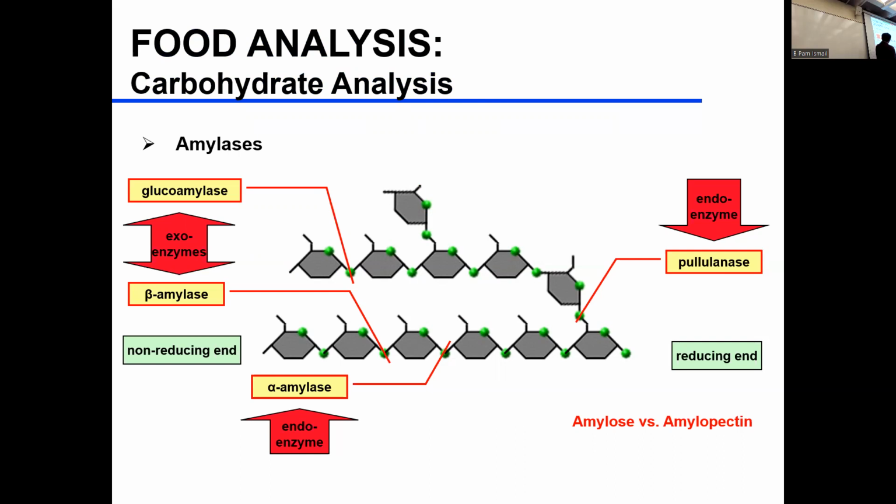So it's important to remember alpha amylase, endo, will break down into smaller chains, not enough to get you to glucose. In order to get to glucose, we need glucoamylase. So in any starch kit, you're going to have a combination of amylases, alpha amylase, and glucoamylase that you will use to get to the glucose monomer.